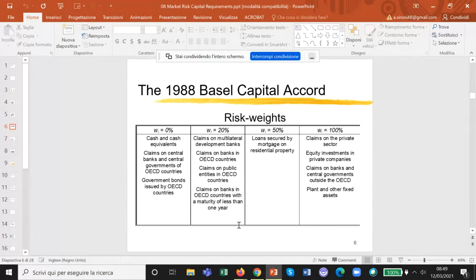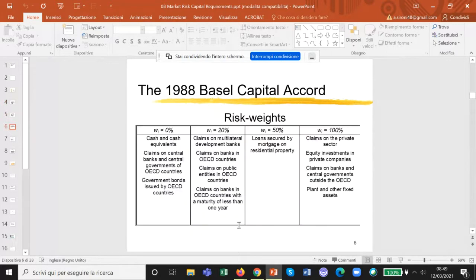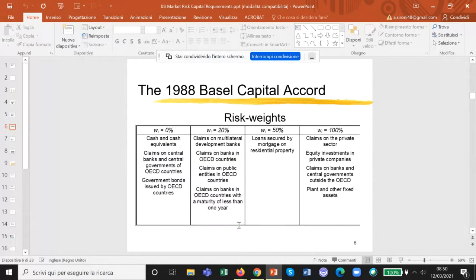Come on, at least one. A loan of 100 euro to another bank has a weight of 20%. How much capital do you need? You're still sleeping this morning. So it would be 100 at the denominator, multiplied by 20% becomes 20. You need 8% of 20, so 1.6, okay?